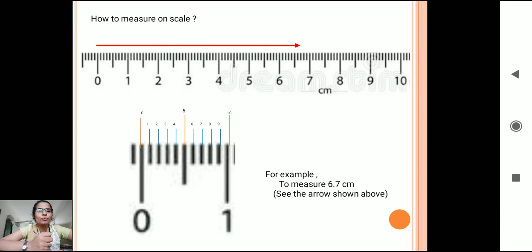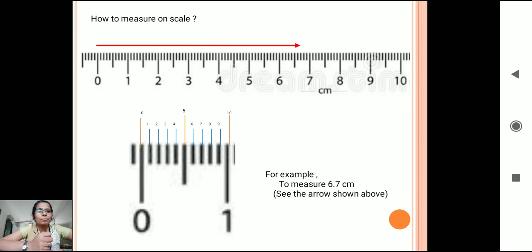Similarly, when you count from 1 to 2, if I ask how much is 0.5, it means after 0, 5 lines. When we say 0.5, the point tells you that we have to count the lines after that number. If it is 1.5, I will count the lines after 1: 1, 2, 3, 4, 5, and then it can be 1.5.